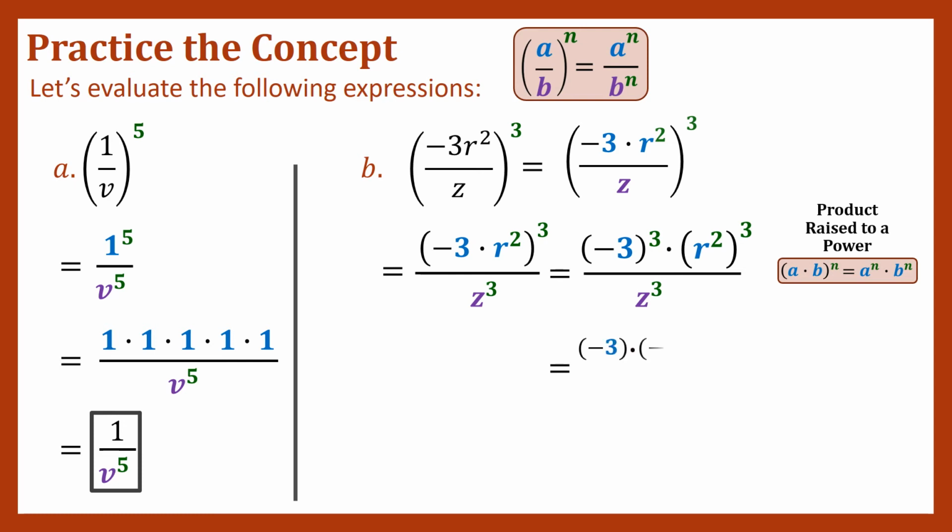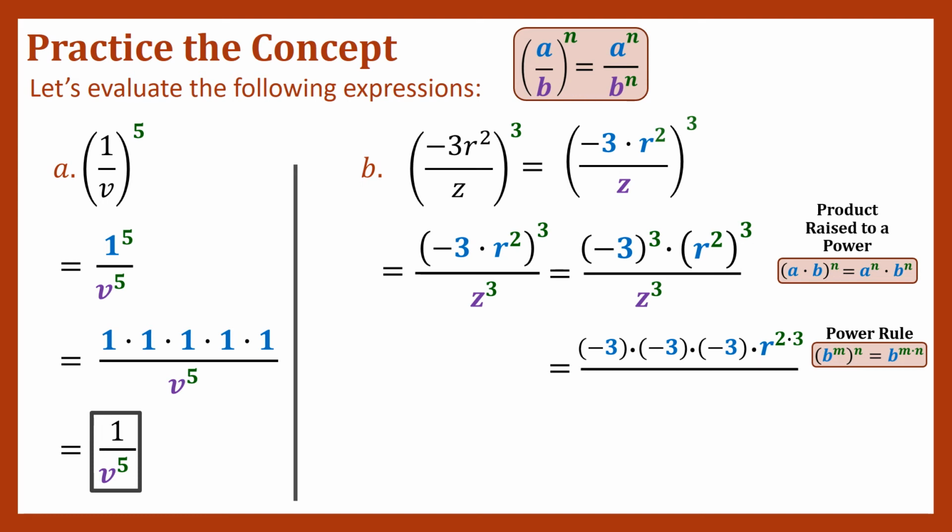This then equals the repeated multiplication of -3 3 times multiplied by the variable r raised to the product 2 times 3. The new power for r is obtained using the power rule. If you're unfamiliar with the power rule, please review the video titled The Power Rule for Exponents.